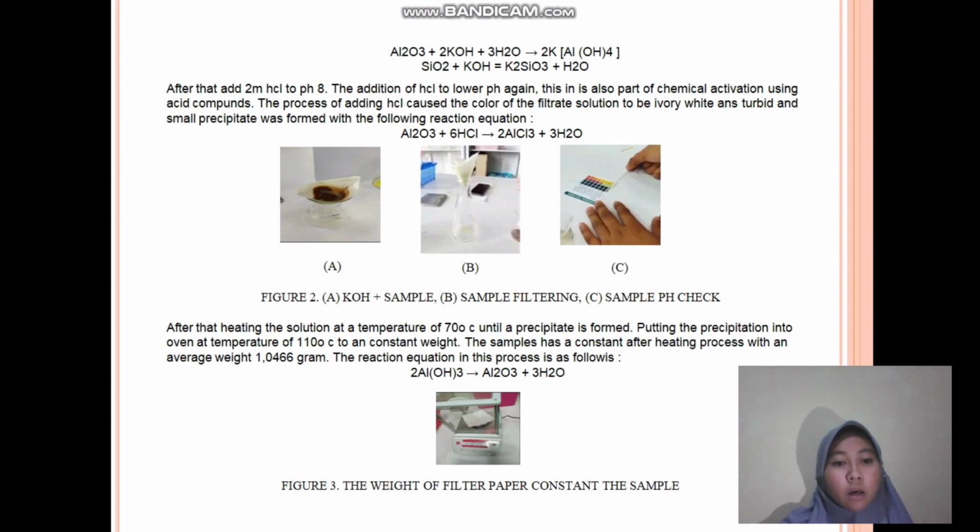After that, Al2O3 + 6 HCl gives 2 AlCl3 + 3 H2O. After that, holding the solution at a temperature of 70 Celsius until a precipitate is formed. Heating the precipitate in the oven at temperature until constant weight.